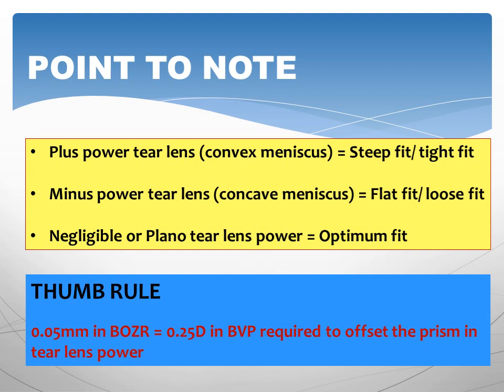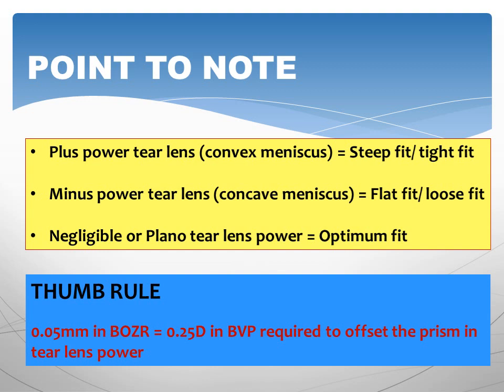As a result, the plus power gets induced there. Similarly, if the lens fit is flatter over the anterior corneal surface, then the meniscus that gets formed is concave in nature. As a result, the minus power gets induced. But in case of optimum fit, what happens? The tear lens power is either a negligible one or a plano one.